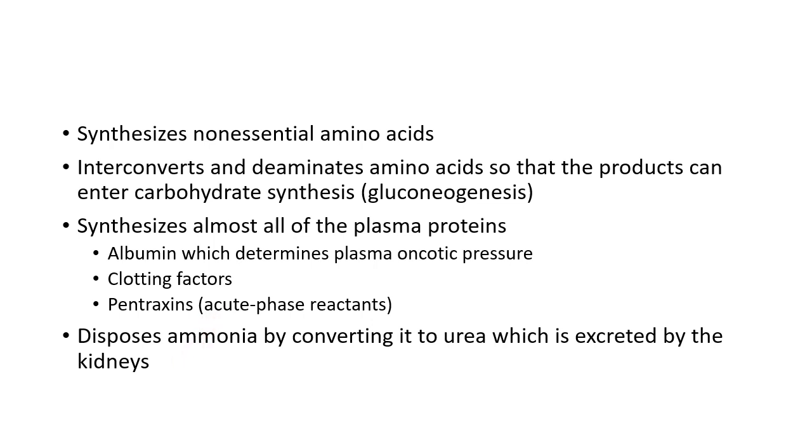And again, kanina sabi natin, yung liver or hepatocyte, it deaminates amino acids. And so that ammonia is toxic. So kailangan mong i-chelate technically yung ammonia with carbon to form urea so that it is eliminated by the kidneys.